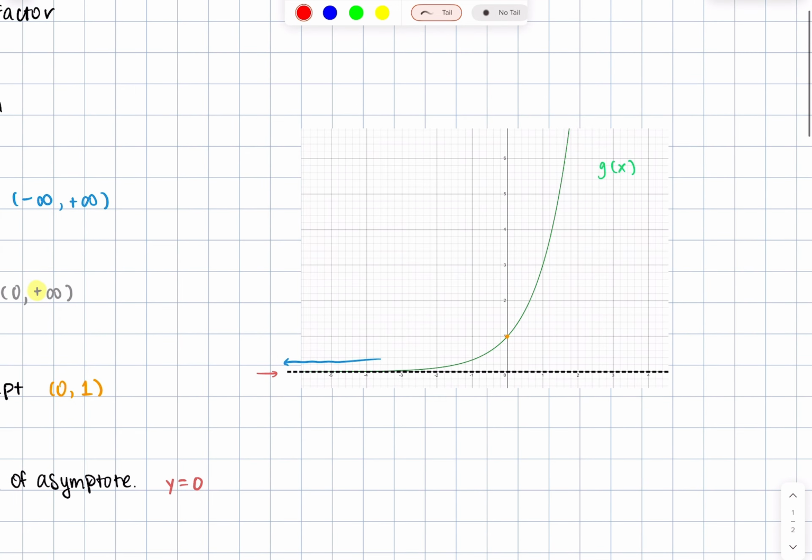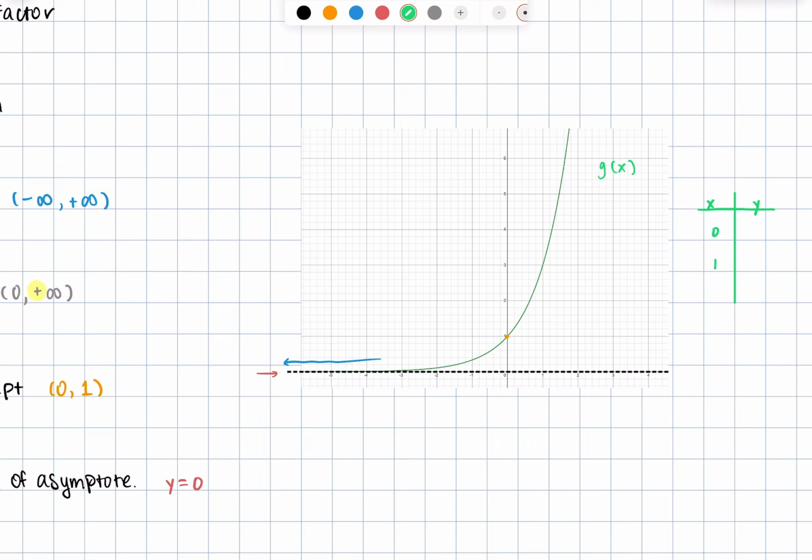So we're going to create a small table for this graph. So x and y. And we can just have three values, 0, 1, maybe 2. So when x is 0, we can look at the graph.